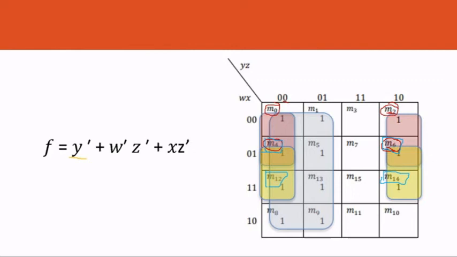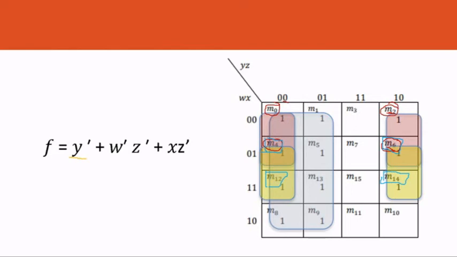So what is common to them? Let's see. The value of W for M4 is equal to 0. But if we look at M14 or M12, the value of W for M12 is equal to 1. So they have different values for W, so that will be cancelled out.